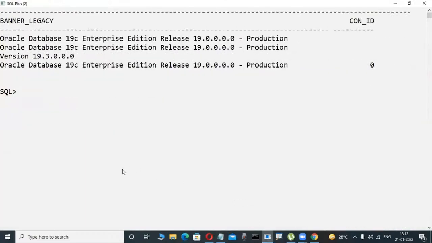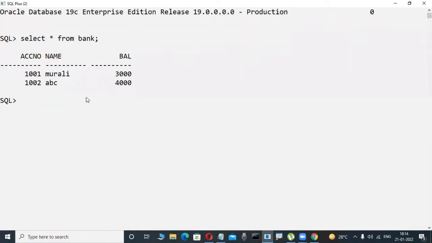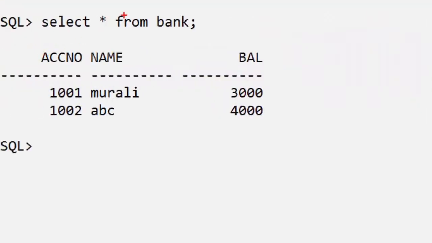Suppose in this database, bank is a table, for example. Concentrate here, just observe the scenario, it's very easy to understand. This is a bank table. In table format only, we store the data. Suppose this is an SBI bank. Observe here, these are columns: account number, name, and balance. These are called columns.